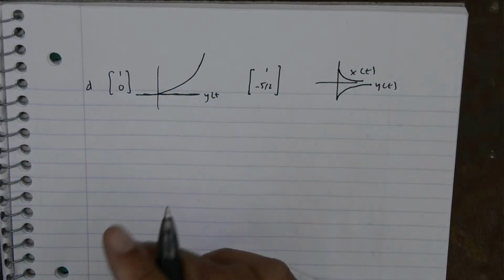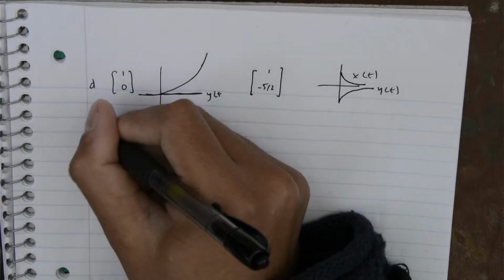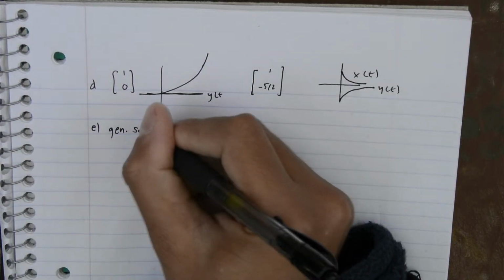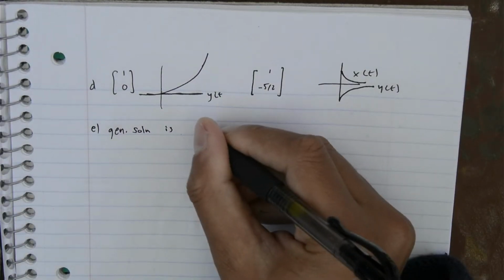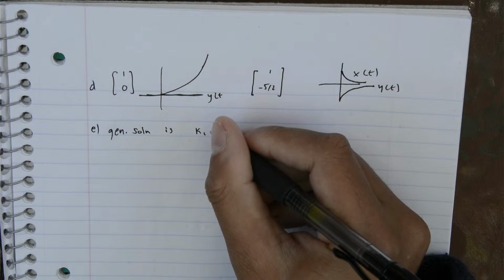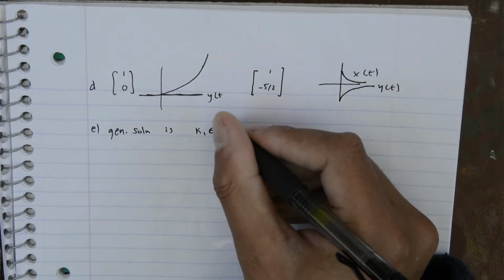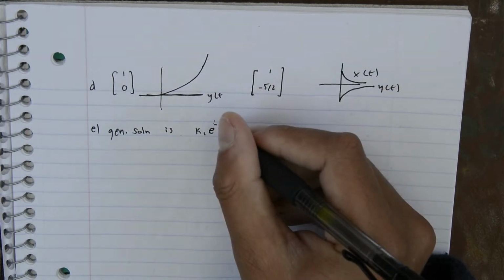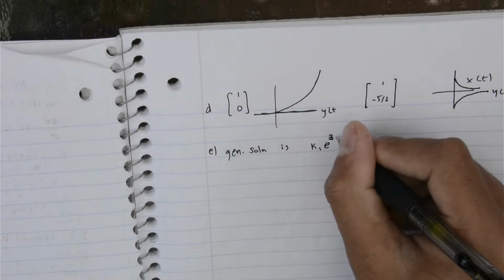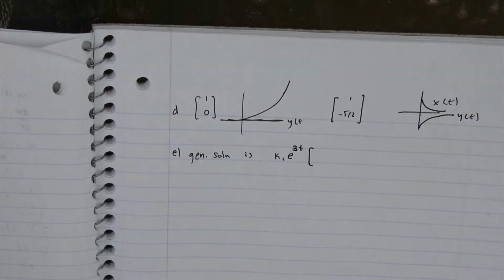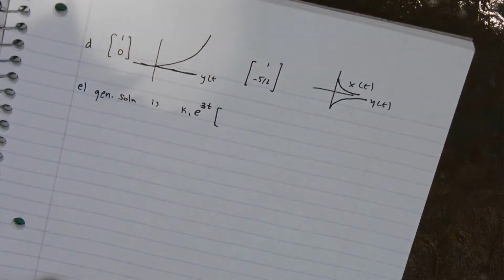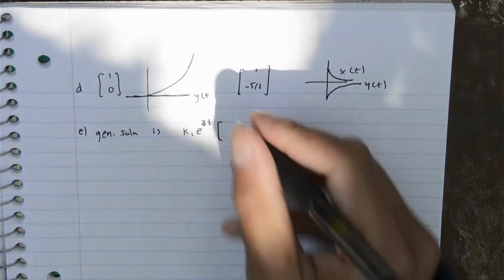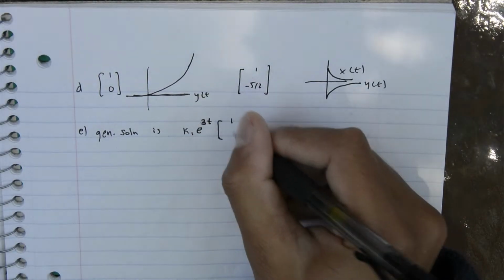All right. Now E, the general solution is k1 times e to the, what were the eigenvalues? I think it was 3. Yeah, e to the 3t times 1, 0.